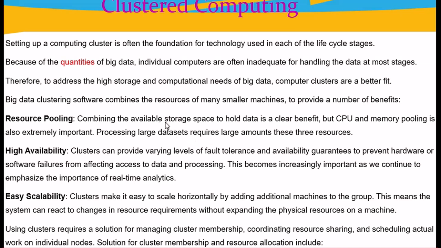This resource pooling, combining the available storage space to hold data, is a clear benefit. That means in cluster computing there is no dedicated or special computer needed. We can cluster them into a group or small groups. As I told you, the data is distributed in a file.